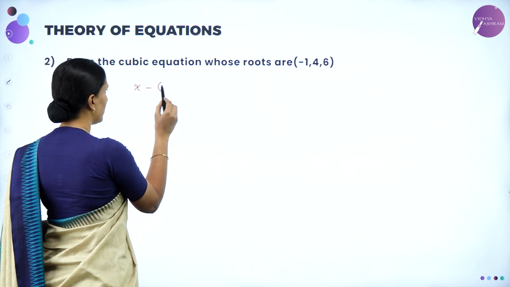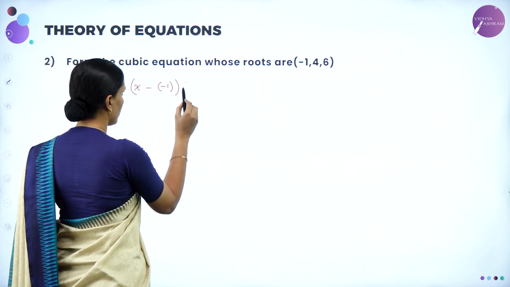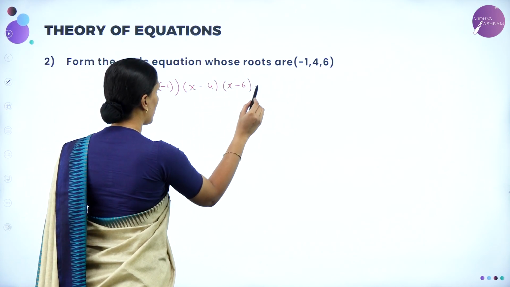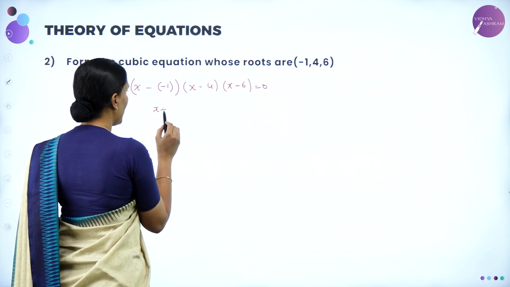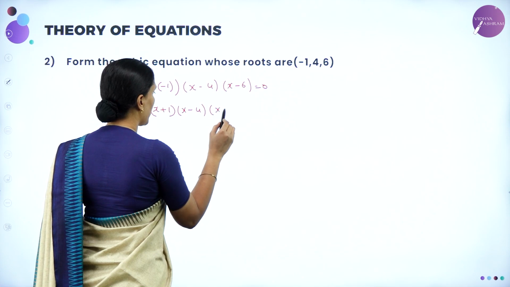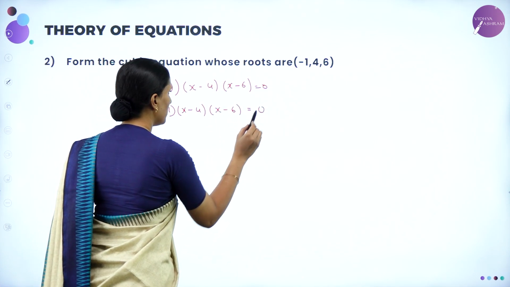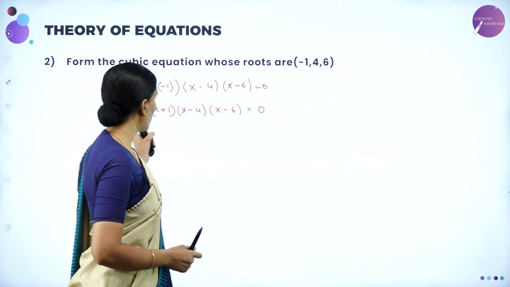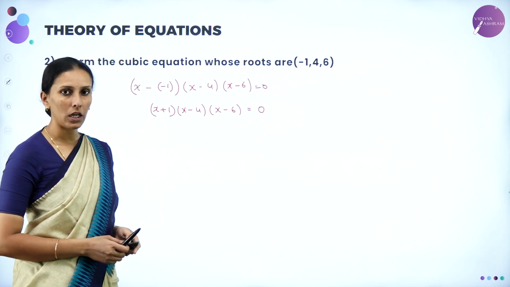So x plus 1, x minus 4, x minus 6 is equal to 0. So these are the given roots, by which we can form a cubic equation.